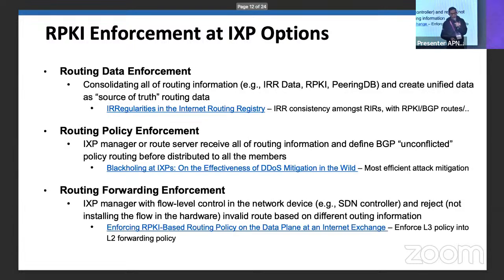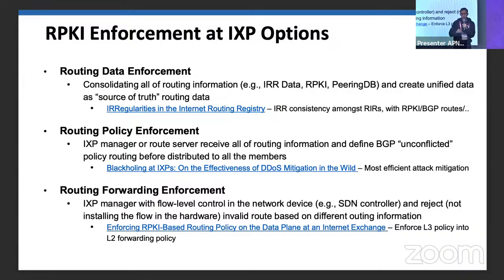Okay. So basically we have several options. There are many different articles or documents that you can follow; I just take three of them. Basically you can enforce by the routing data, meaning you make the control plane only process data that is accurate, or valid.